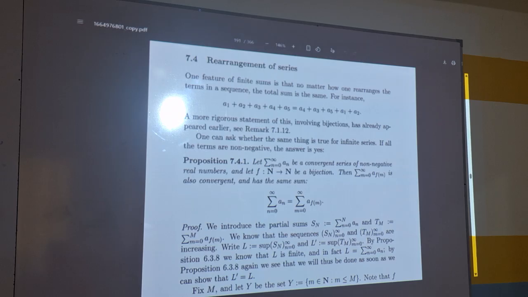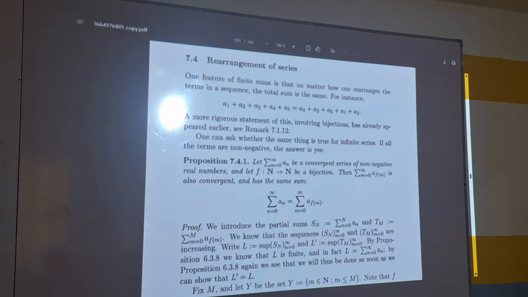So now let's go back to the proof of 7.4.1. We introduced the partial sums: S_N is the sum of the first N plus 1 terms, because of the 0 term, and T_M is the sum over m from 0 to M of a_f(m). So both are sums of the first terms, because we are starting from n equals 0.